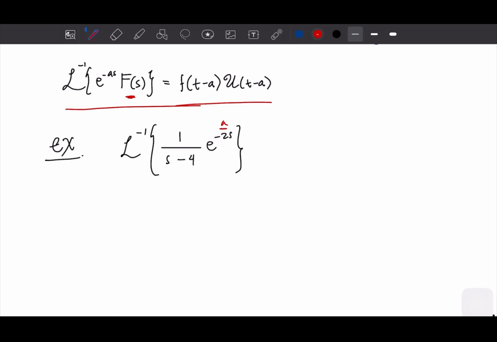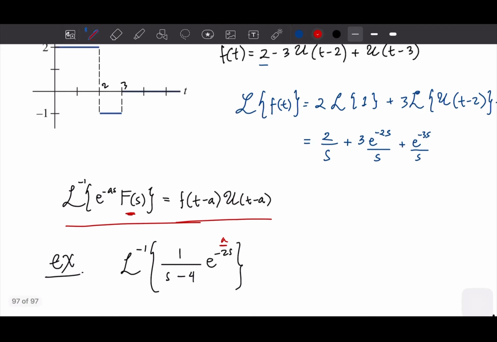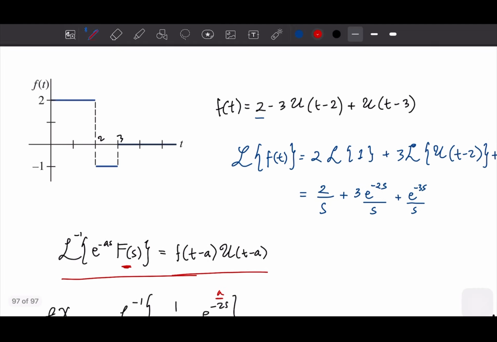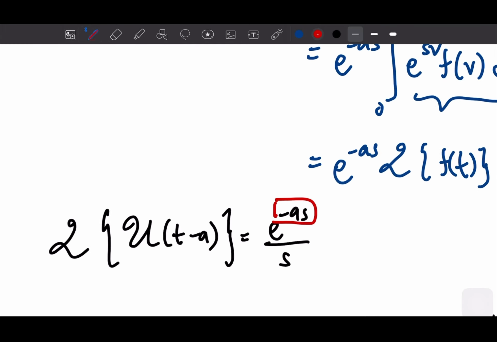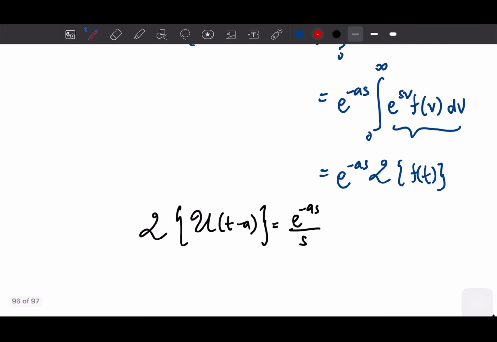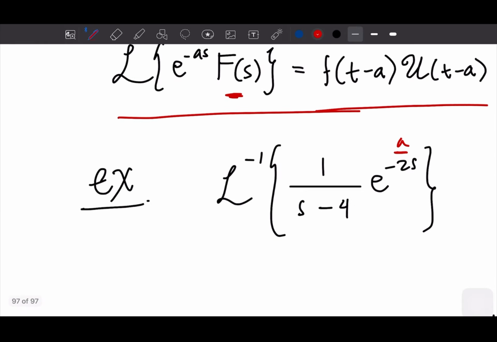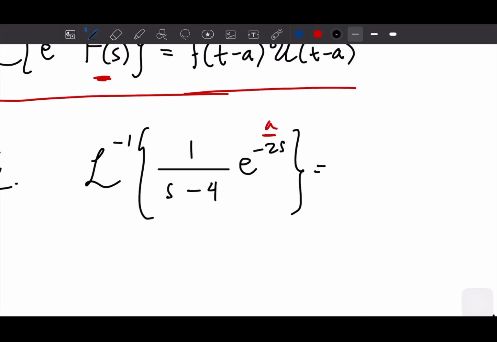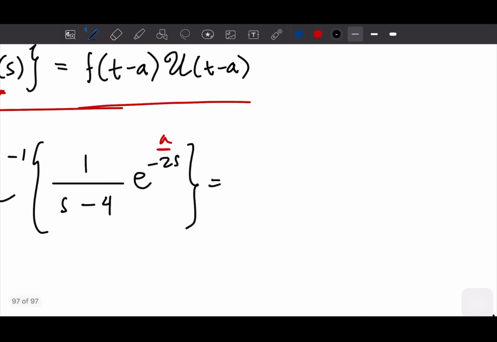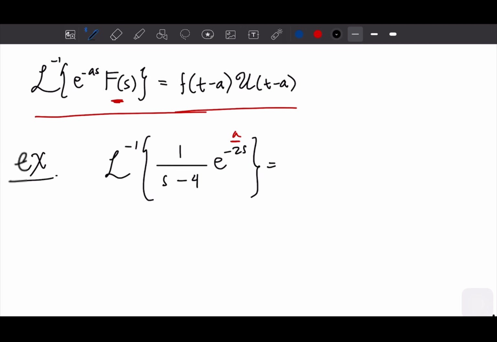So negative 2, or 2, is a, because we need to remember that the original expression is with negative a here. If it's already in the negative form, then a is 2. So we could write that the capital F of s is this.